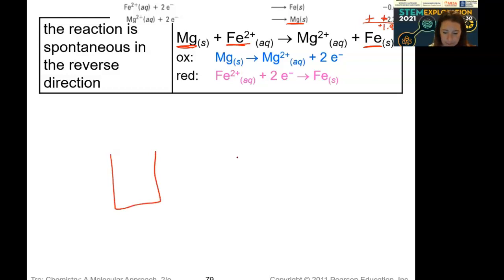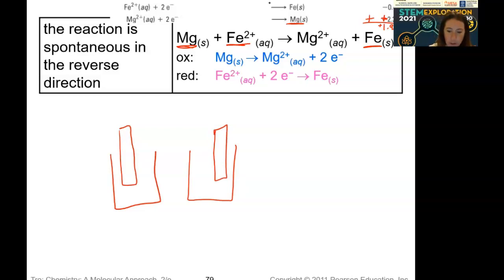How do we draw a cell potential? One beaker, the other beaker. I'm going to make them a little closer together so my salt bridge isn't so big. You need an electrode in one, and an electrode in the other. In this case, magnesium is oxidized. How do we know?